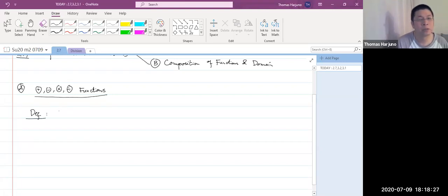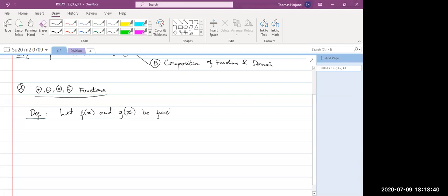Definitions. Let f(x) and g(x) be functions, actually any functions.